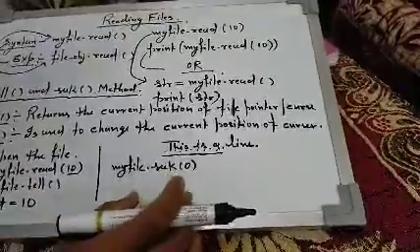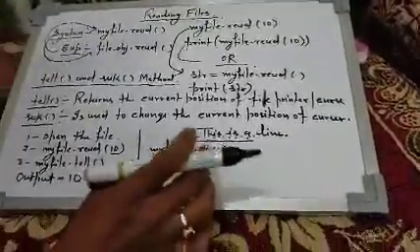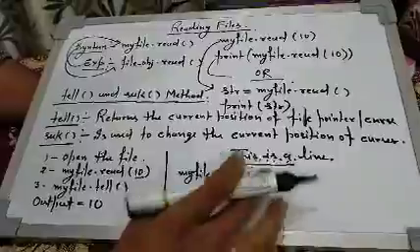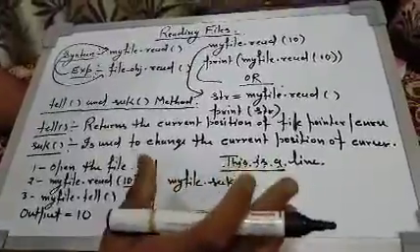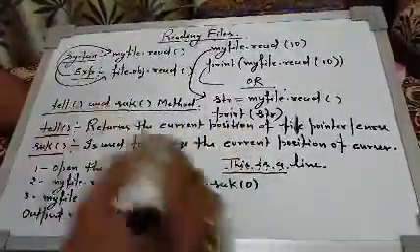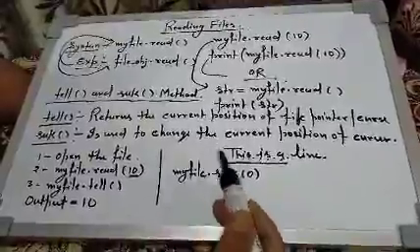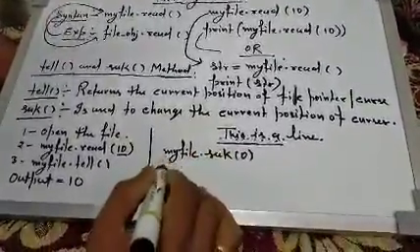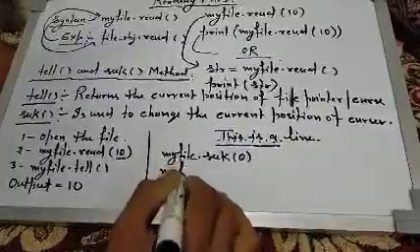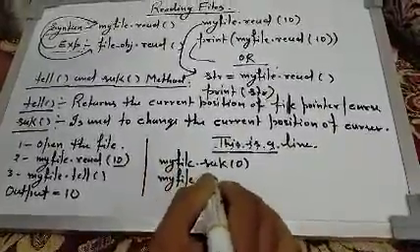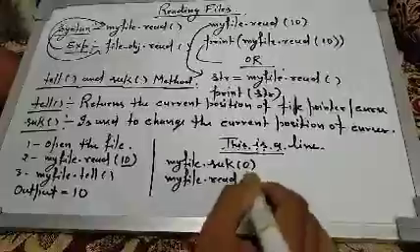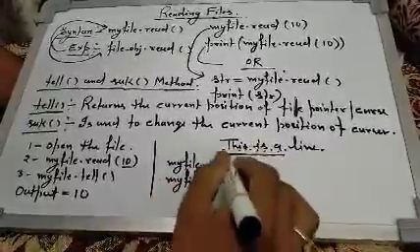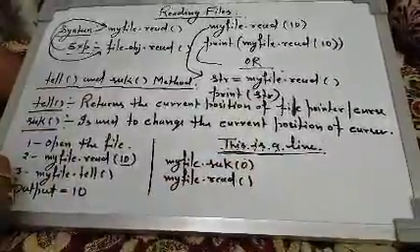Now the cursor is repositioned to the 0th location, which means at the start of the file. Again if we call the read method, my file dot read, then the whole contents will be read.